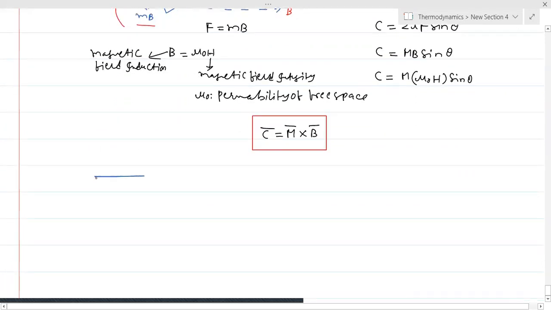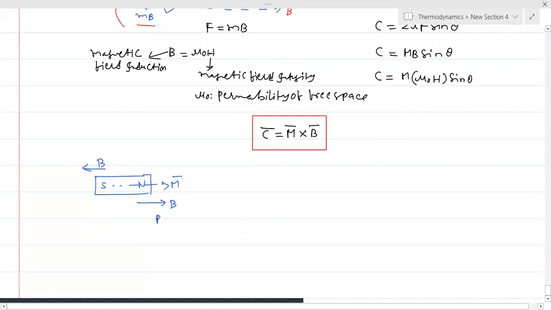For example, this is the bar magnet, this is the south pole and this is the north pole. In this direction we take M bar. Suppose the bar magnet is parallel or anti-parallel to the field.